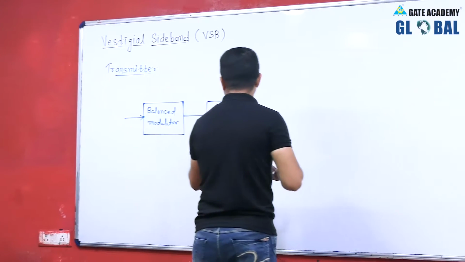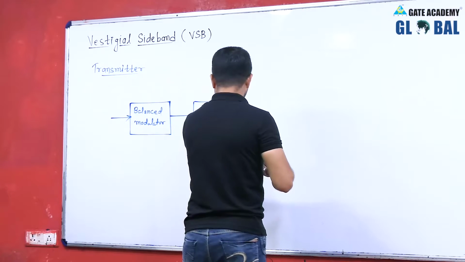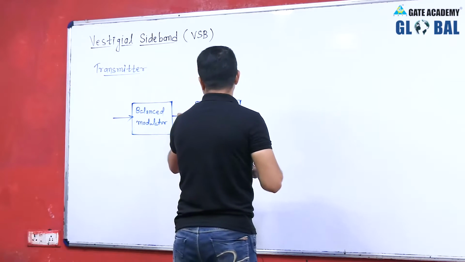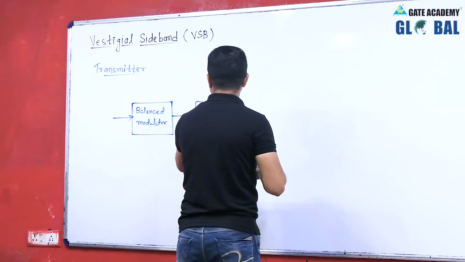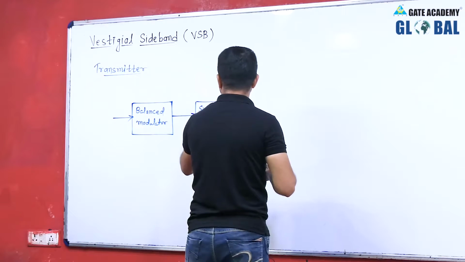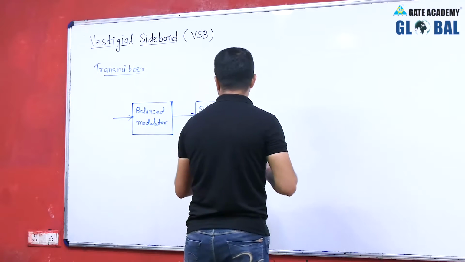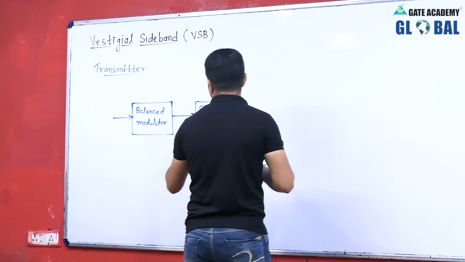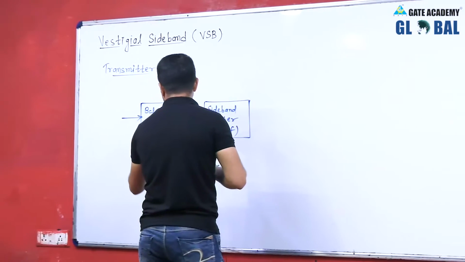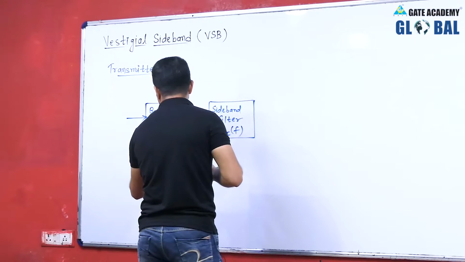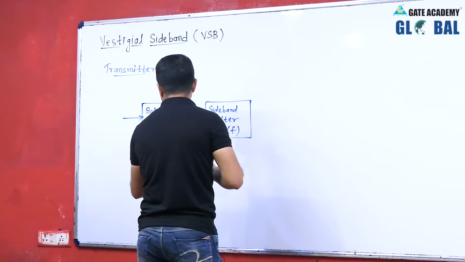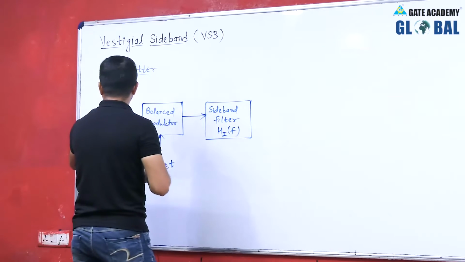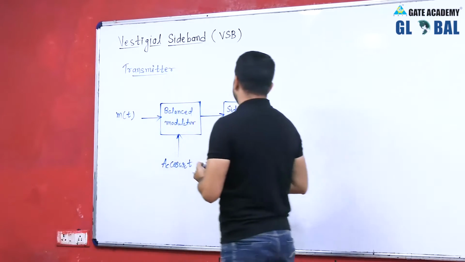And here we will be having a VSB filter or sideband filter. Let us say this is H_i(f). In the balanced modulator we should have a carrier signal Ac cos(ωc t), and at the other input of the balanced modulator is the message signal.